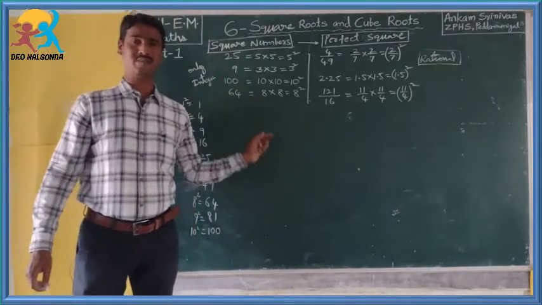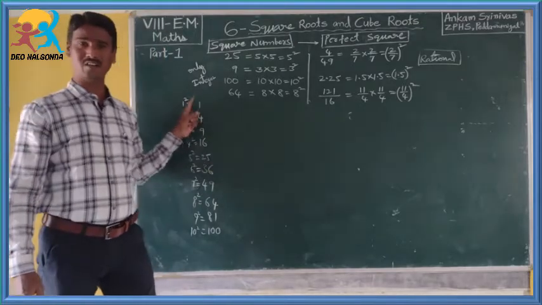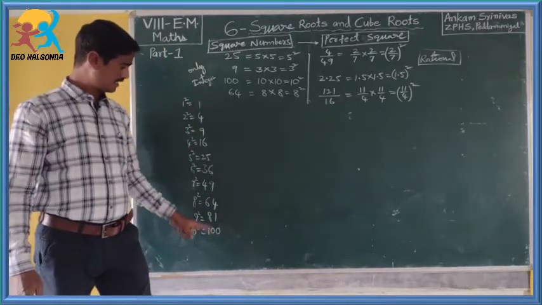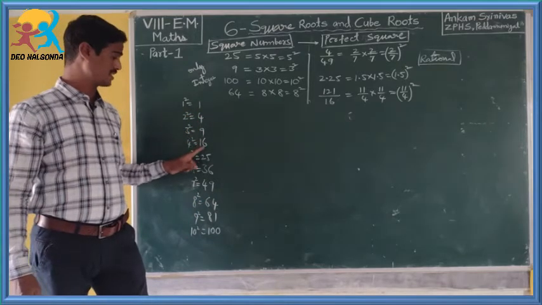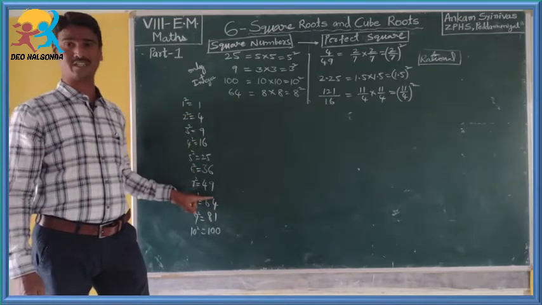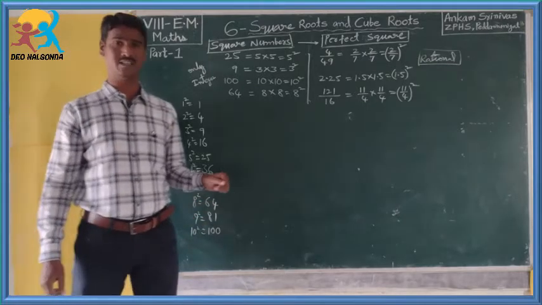If I list the perfect squares from 1 to 100, there are 10 perfect squares existing here, namely 1, 4, 9, 16, 25, 36, 49, 64, 81 and 100.